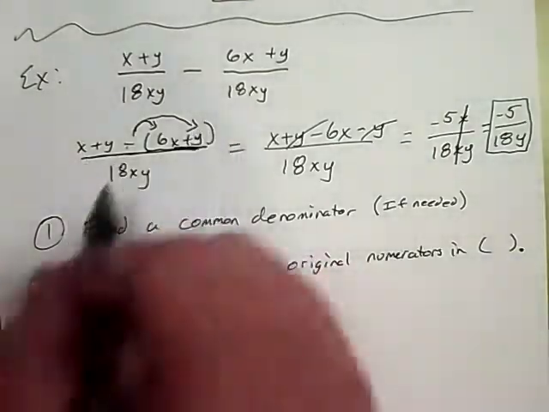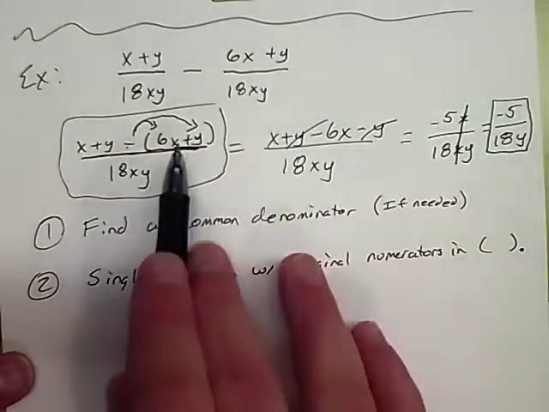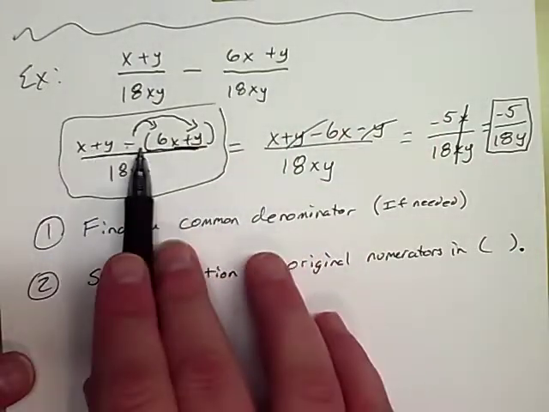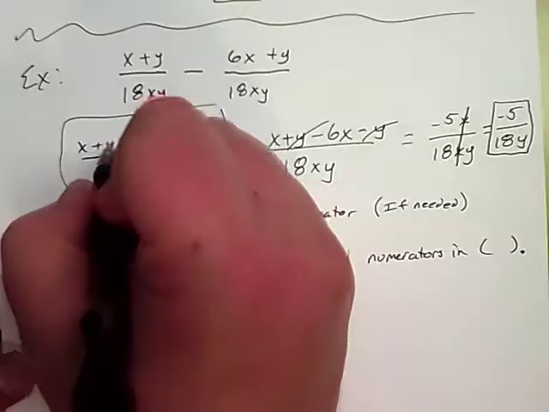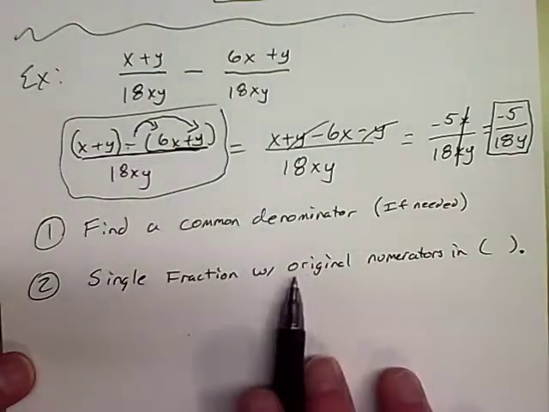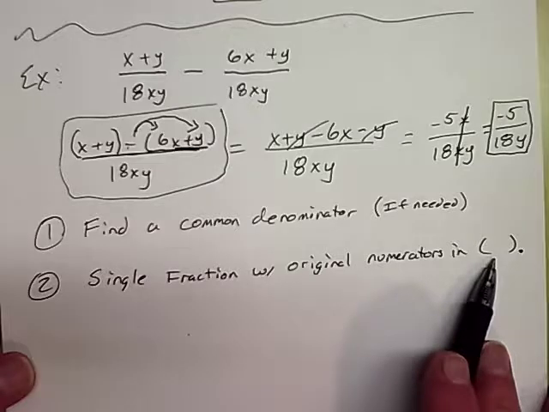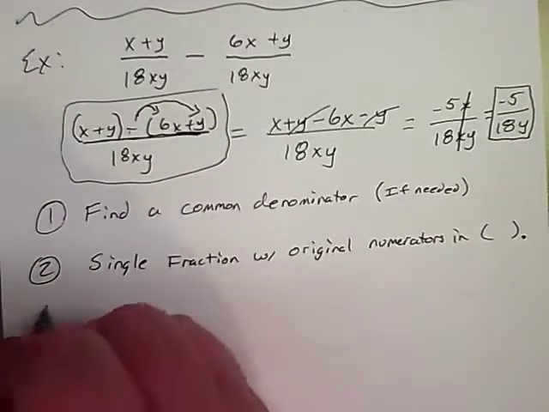So this is a single fraction, and this is really my step two here. My numerators, I want to make sure I put those in parentheses. And really I could have put the first one in parentheses as well, just to highlight that. So a single fraction, and the original numerators are always going to be in parentheses. Step three.